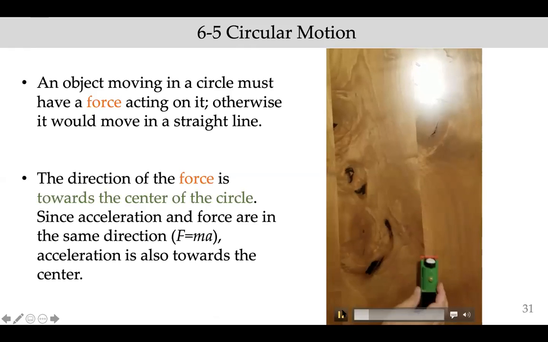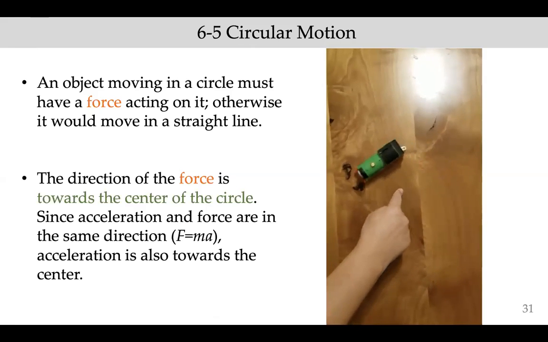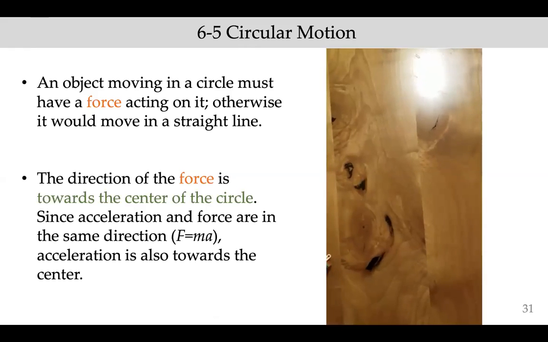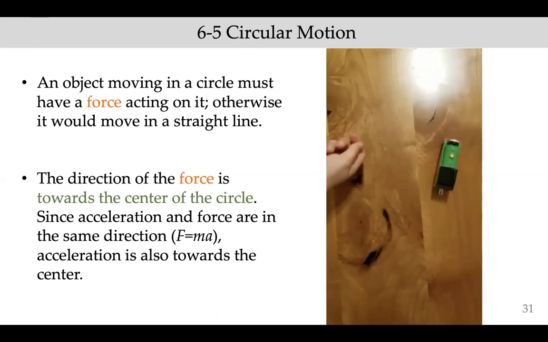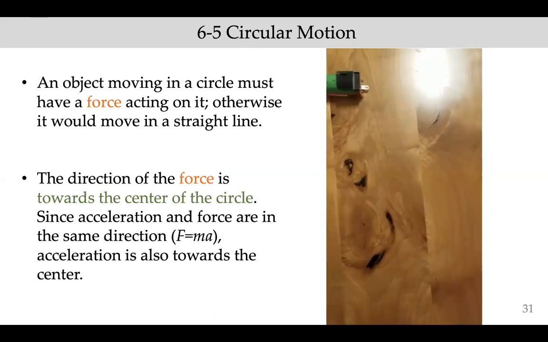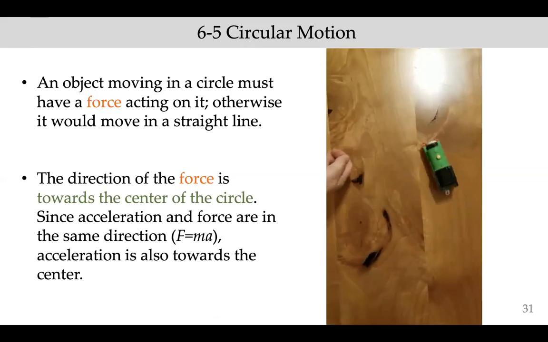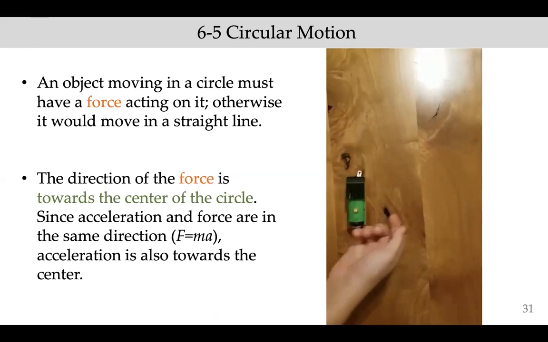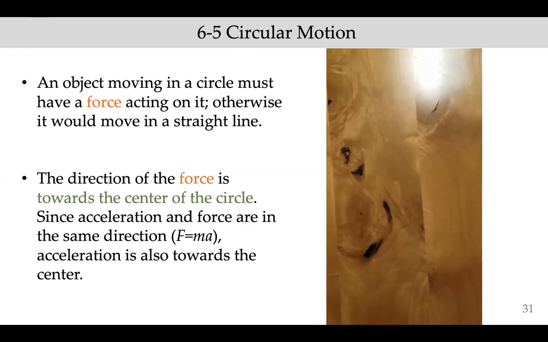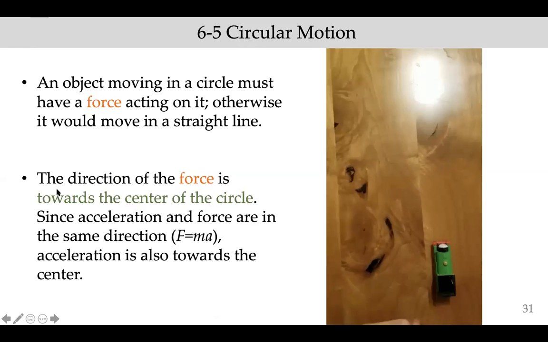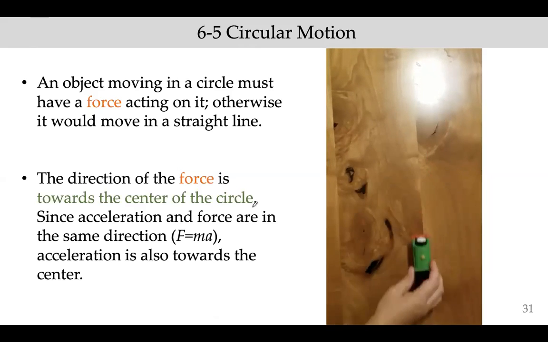If there's a force, now you will see. Probably you see that there's a string there, which I connected to the head of the train. If I pull the train to the center, now it makes a circular motion. Or we can say it this way: for a circular motion, there should be a force that pulls it at every time towards the center. Here it says the direction of the force is towards the center of the circle.